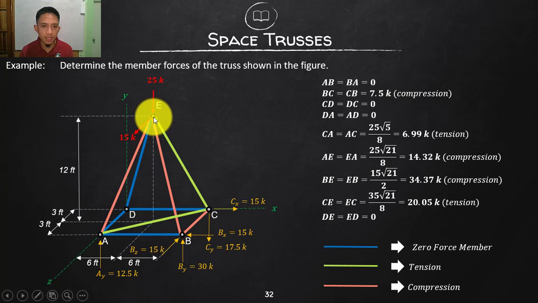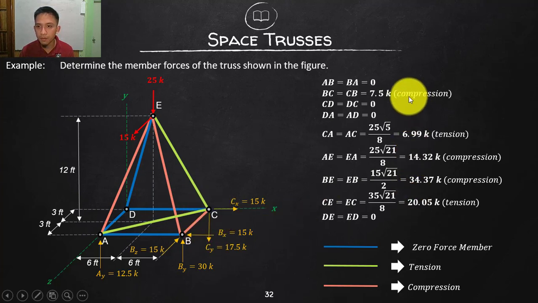The top is being pulled along Z, so this will be stretched. And why is this stretched? Because of the 25. The 25 is pushing that one, so these 4 legs will be forced to split. These 2 points here will be elongating your AC. So yes, it is reasoned out.